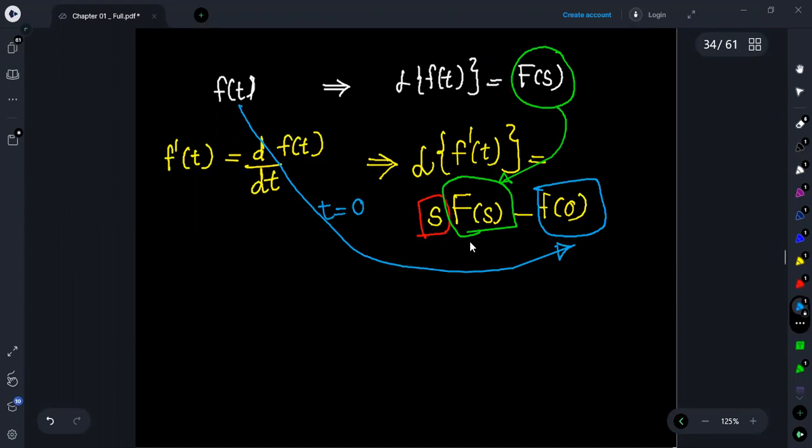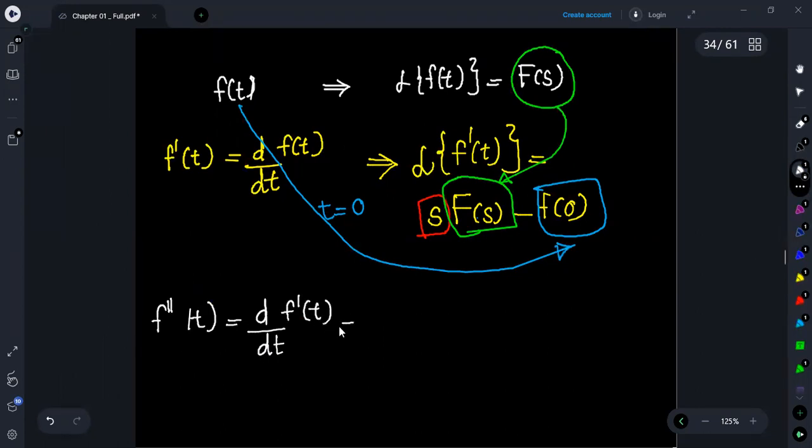So if we can find these two, then we can obtain the Laplace transform of the derivative. Similarly, if we need to find the second derivative, that means f double dash t, the second derivative, d over dt of f dash t.